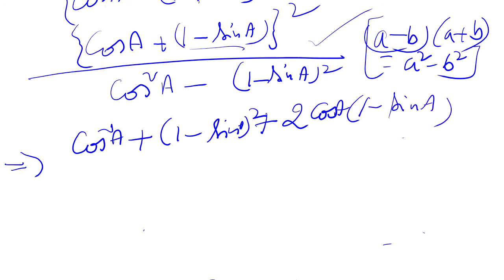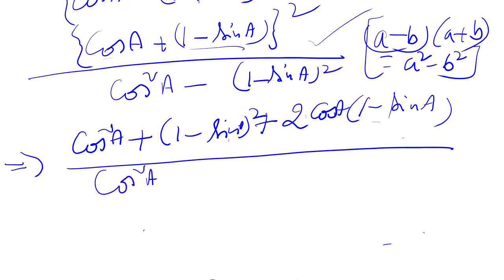This is A square plus B square plus 2AB, A is cos A, B is 1 minus sin A. Upon this is cos square A minus, and this when you expand, 1 plus sin square A minus 2 sin A.